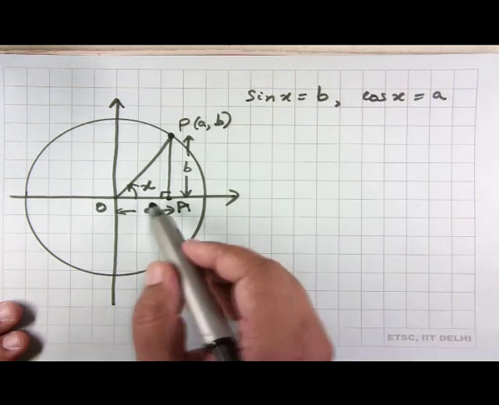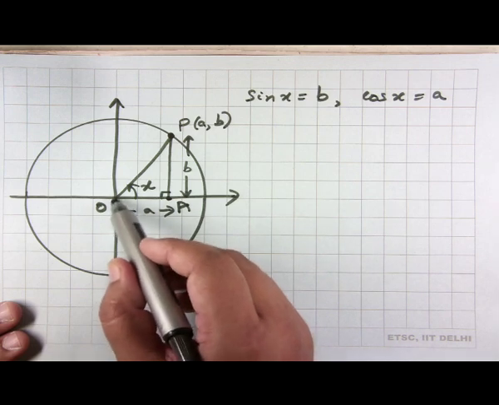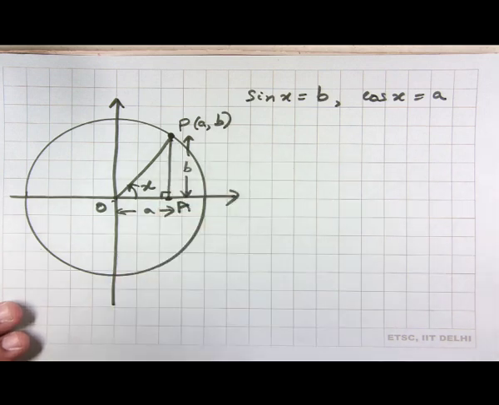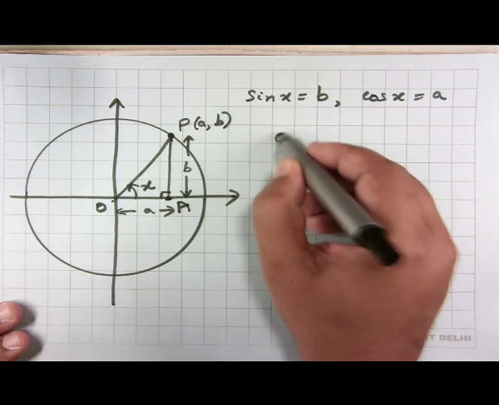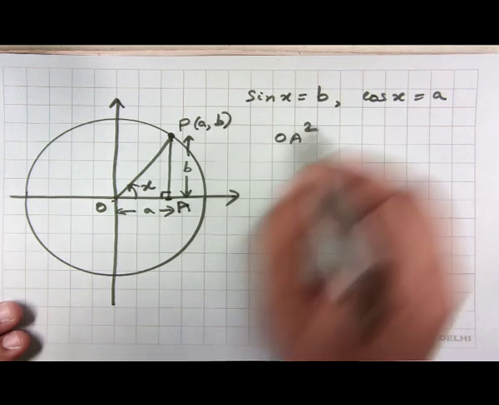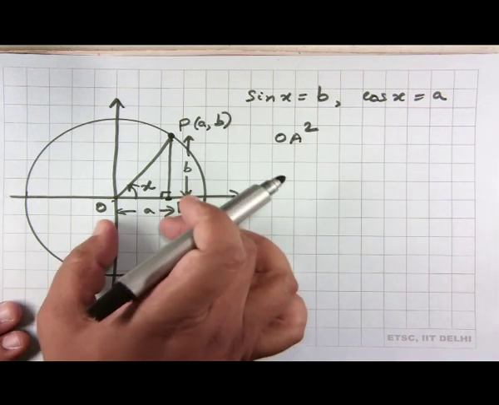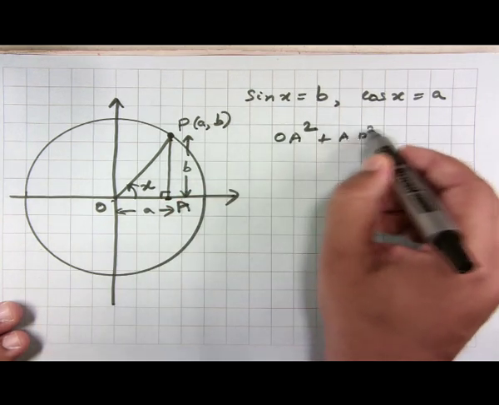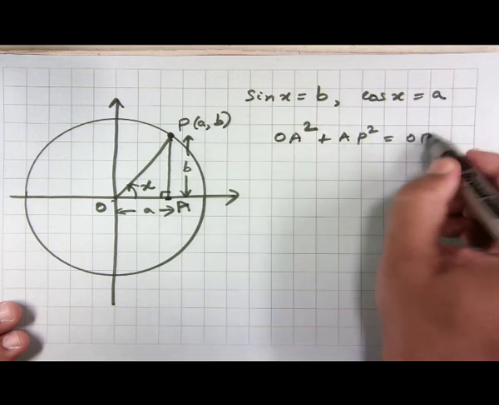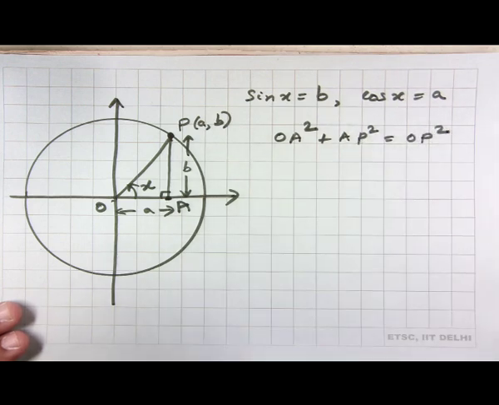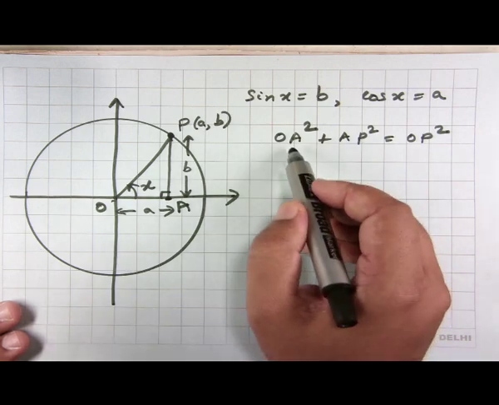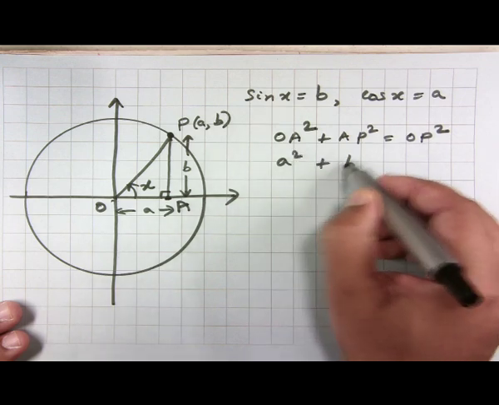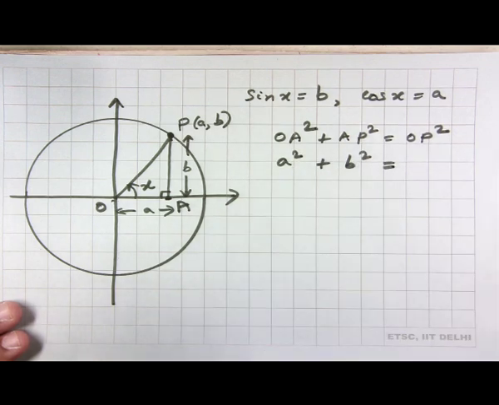Now, if you look at this right angle triangle OAP, then from the Pythagoras theorem we know that OA square plus AP square is equal to OP square. OA is nothing but a, so essentially a square plus b square is equal to OP square.